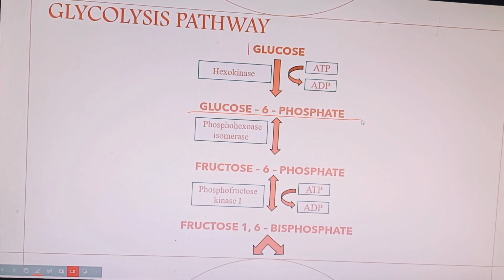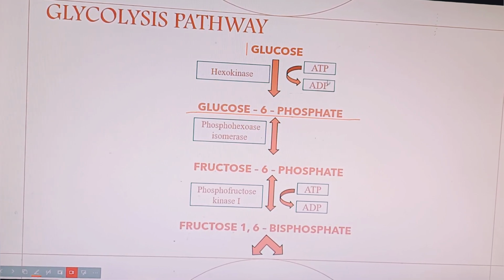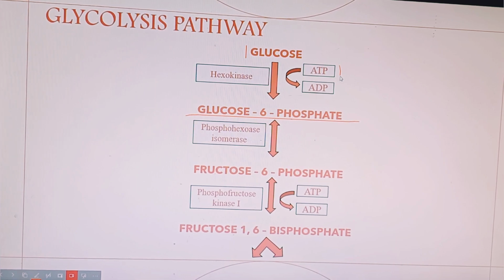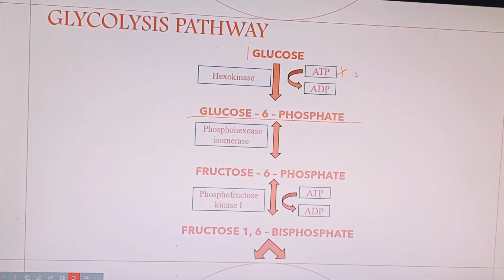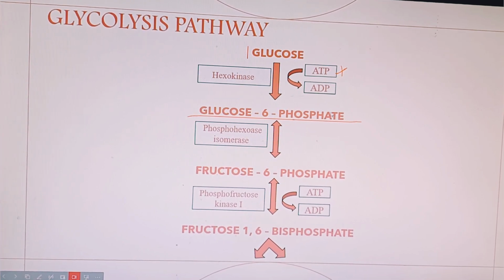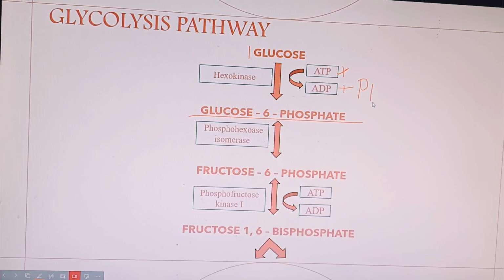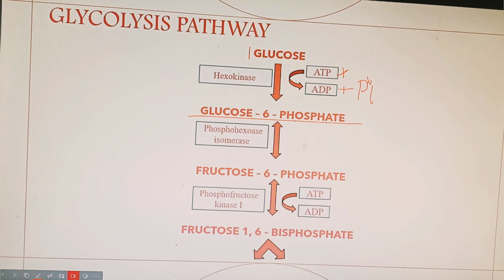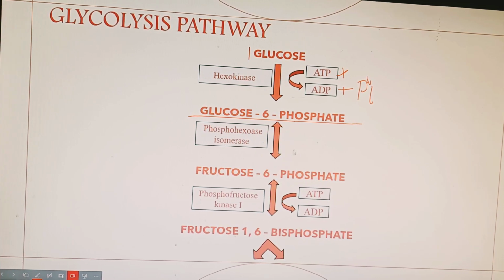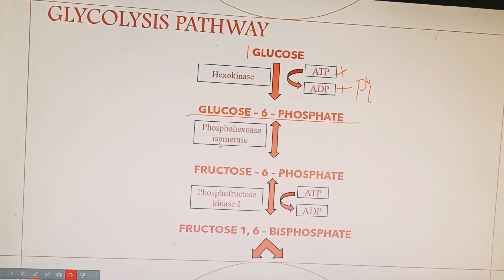This phosphate is being provided with utilization of one ATP molecule. This reaction is catalyzed by the hexokinase enzyme, mainly in the muscle cells, whereas in liver cells we have a different enzyme named glucokinase for the same reaction to occur.